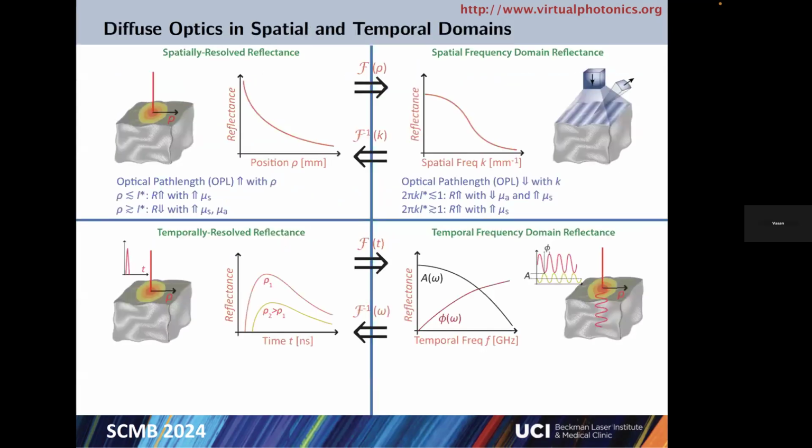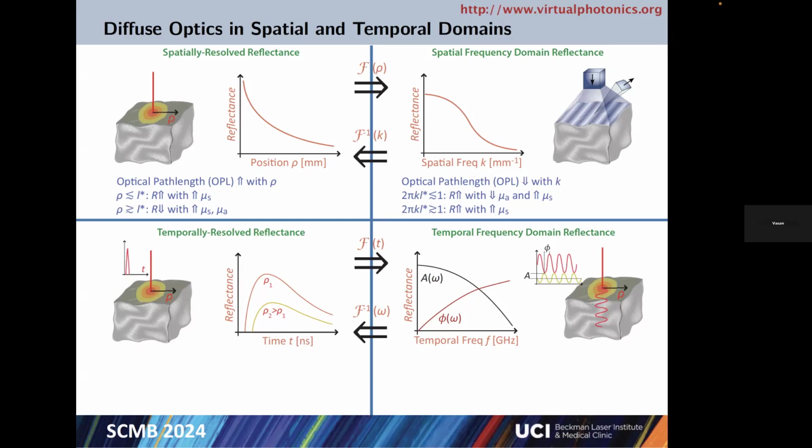Okay, so Rolf showed you this slide yesterday, and just to recapitulate very quickly, spatially resolved reflectance is a point spread function in space.